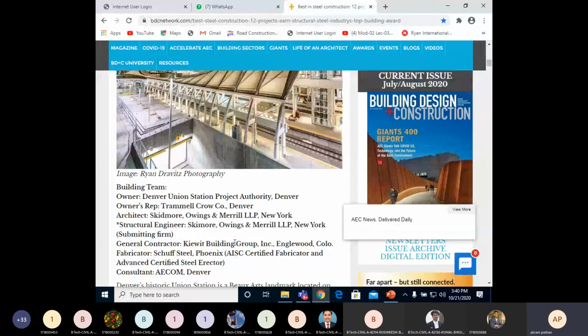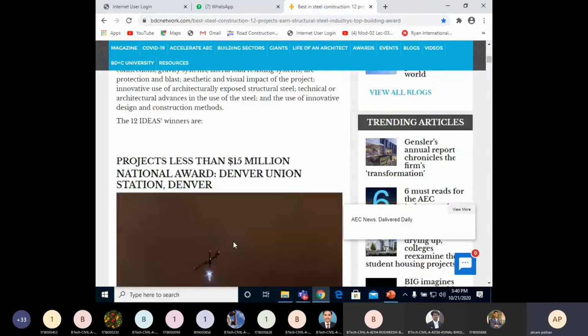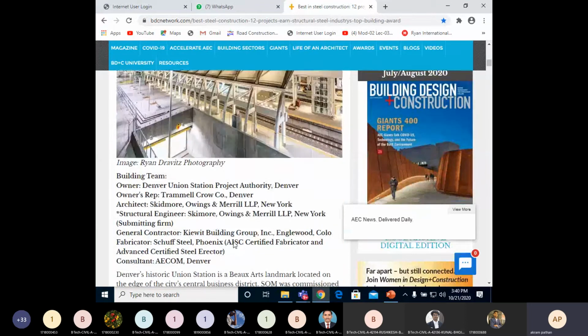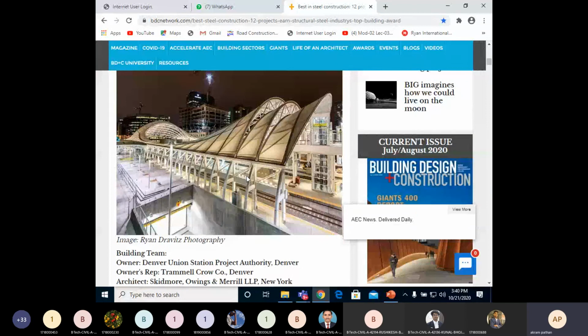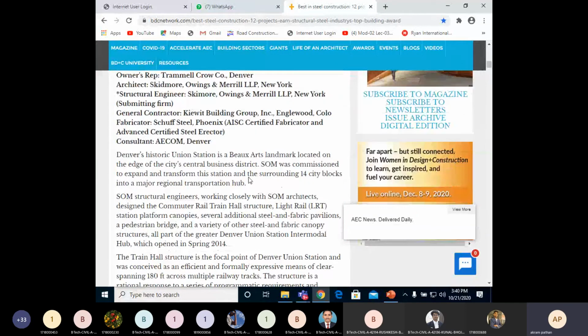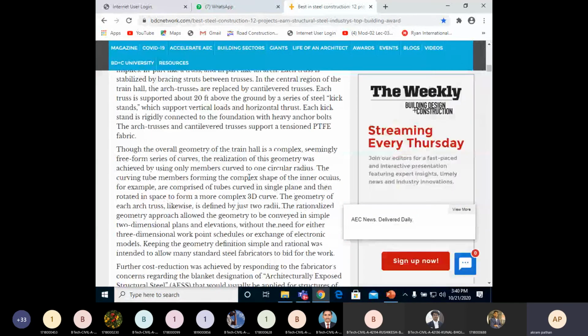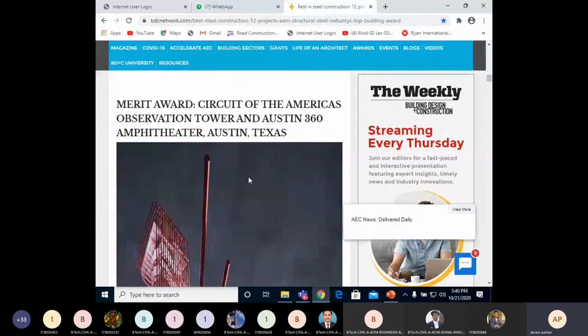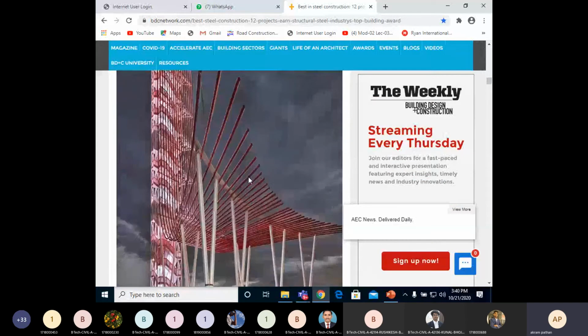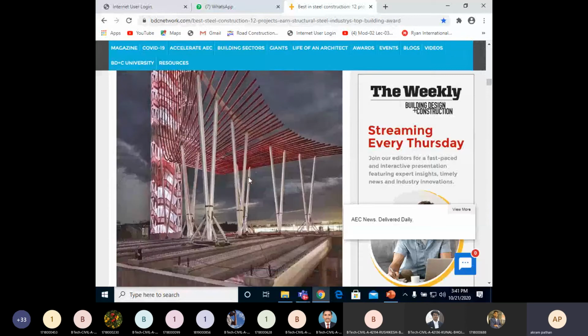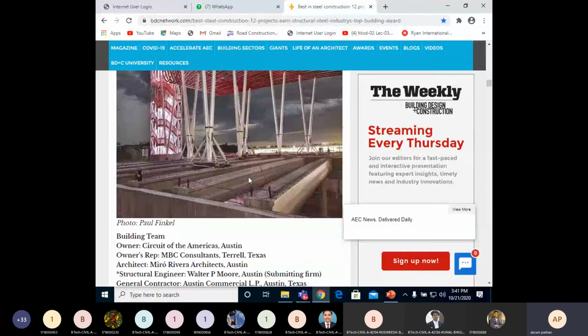This particular project is designed with the help of steel structures. Then I would also like to share another steel structure which is constructed in Texas, Australia.